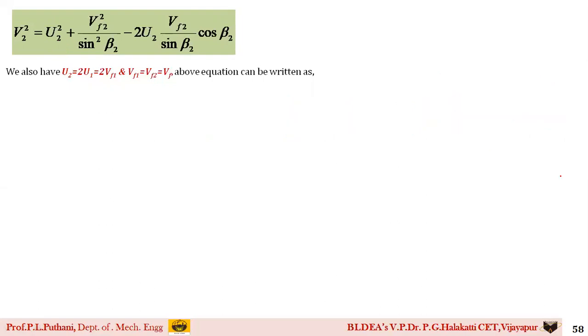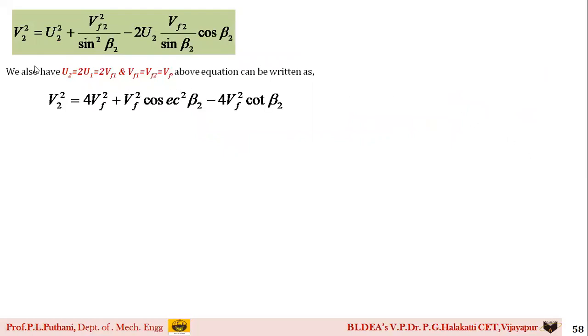Directly I will write, or you can go for another 2 steps also. So I have written directly now, that is 4Vf square plus Vf square cosec square beta 2 minus this one; u2 is again 2Vf, so with the other Vf2 multiplied, we get 4Vf square into cot beta 2.